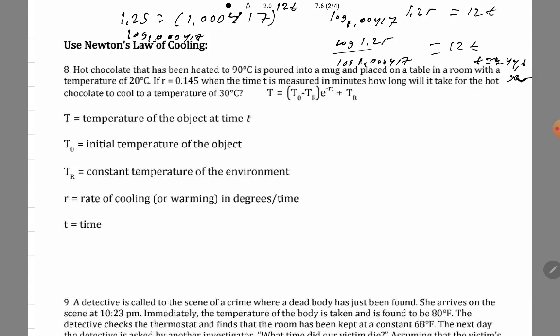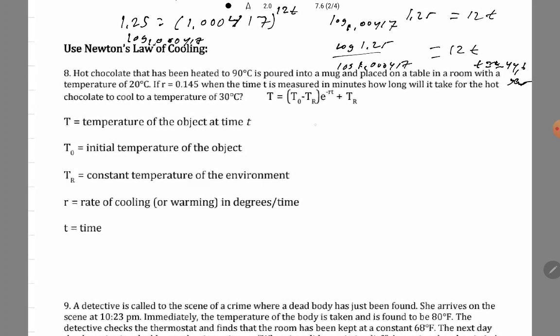So we have T, the temperature of the object at time t. We want to know when it reaches 30 degrees Celsius, and we set that equal to the initial temperature of the object, which is 90 degrees Celsius.